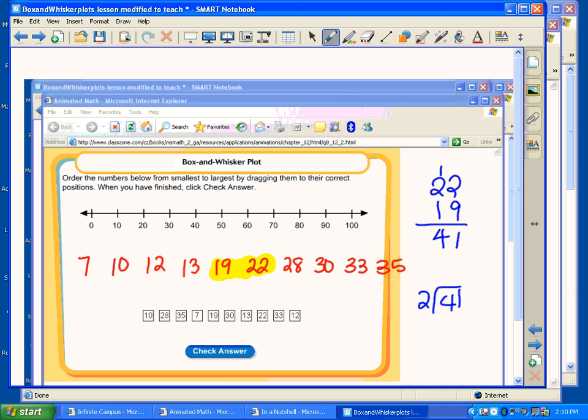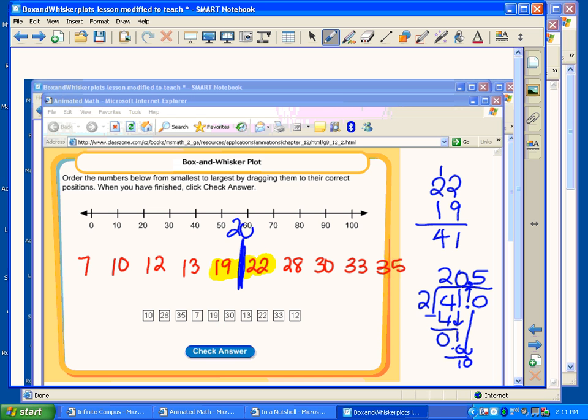So divide by 2. 20, and a decimal and a 5. You get 20.5.